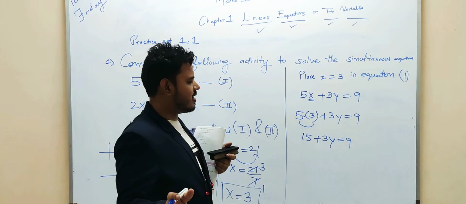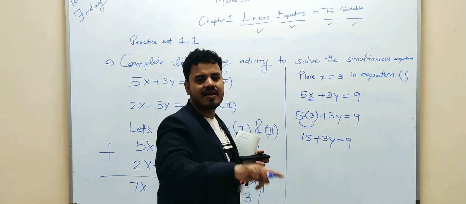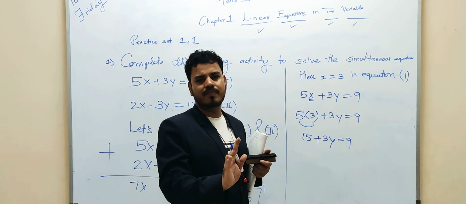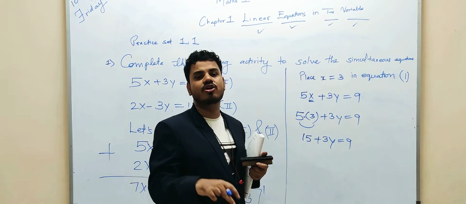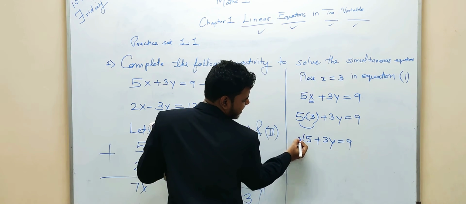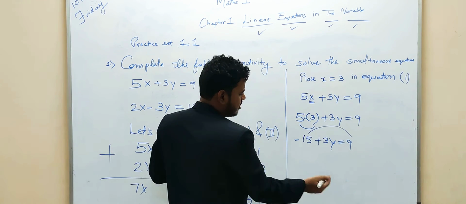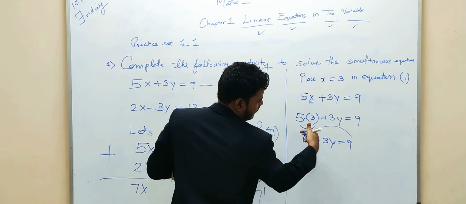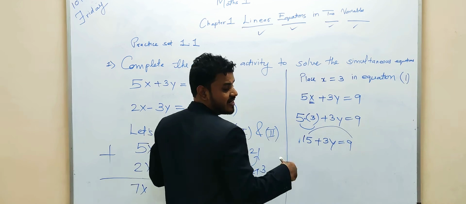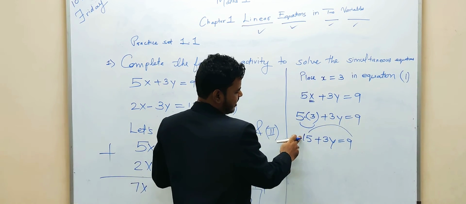Always remember that while transposing, plus becomes minus, minus becomes plus, multiply becomes divide, divide becomes multiplication, numerator becomes denominator and denominator becomes numerator. Here no sign is mentioned before 15, which means plus; it is understood, you don't write plus every time. So it is plus 15.